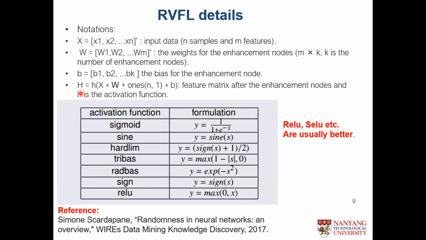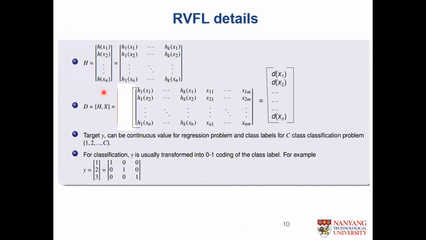The capital H represents the outputs from the hidden layer neurons for all the training samples. Capital X represents the full training data. That is what's shown here.